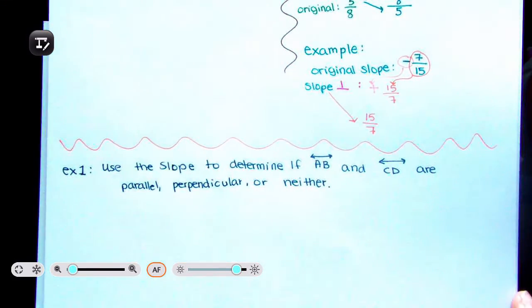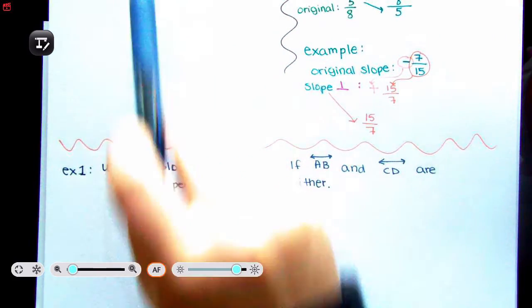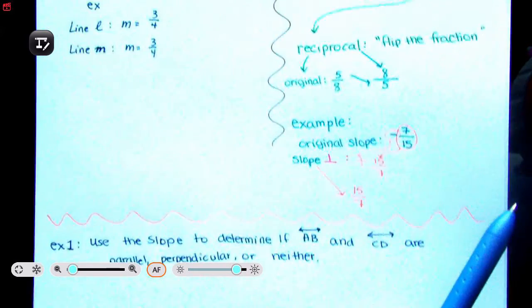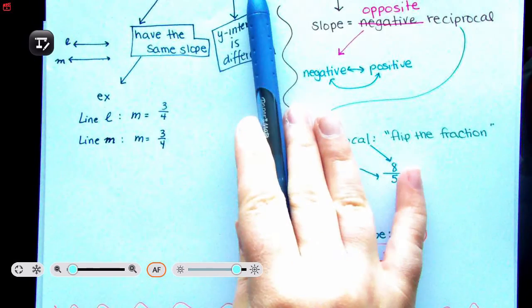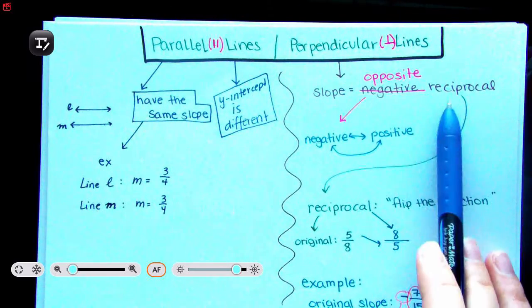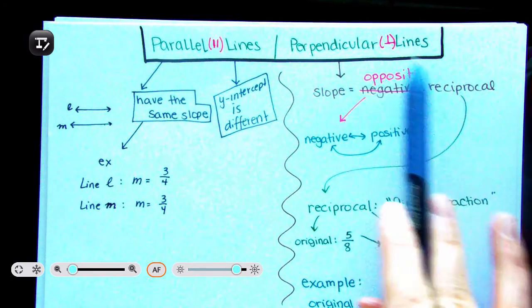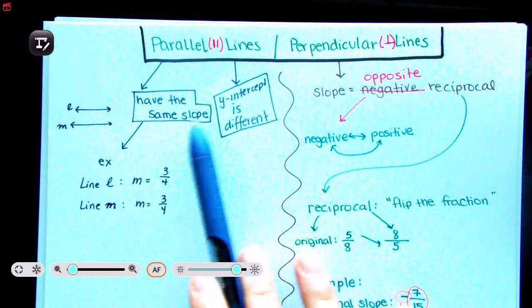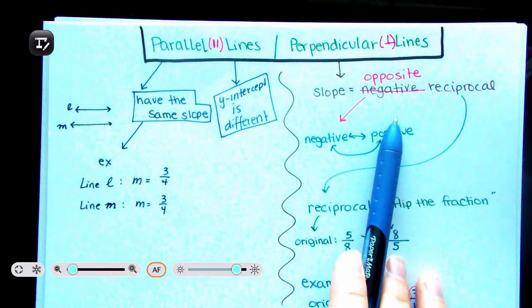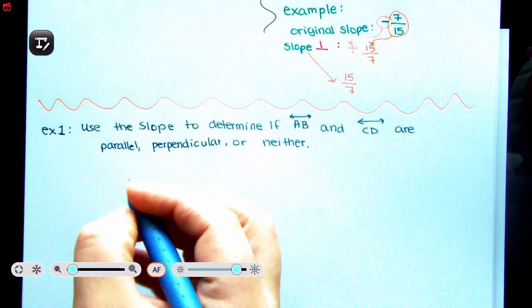Okay, so what that means is if you have slope that's the same, therefore the lines are parallel. If you have slopes that are opposite and a reciprocal, that means you have perpendicular lines. If the slopes do not match either of these, then you have a neither case. So let's do the example number 1.